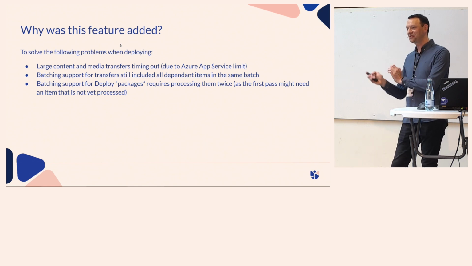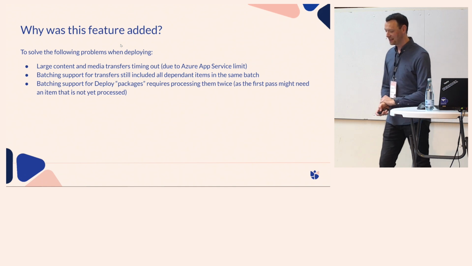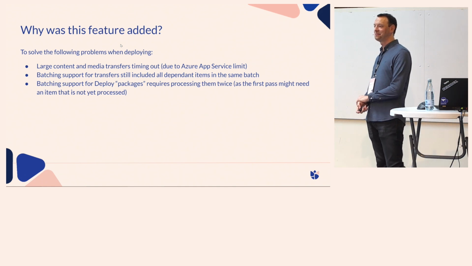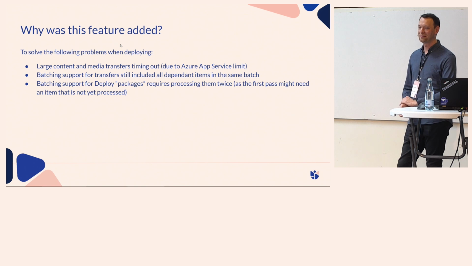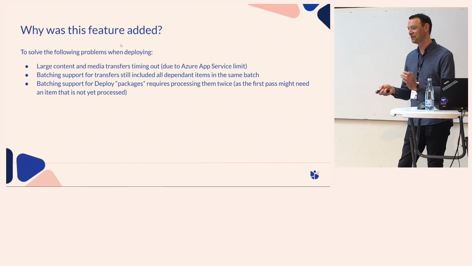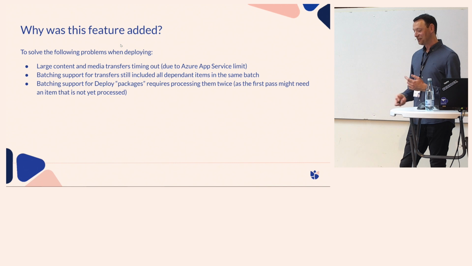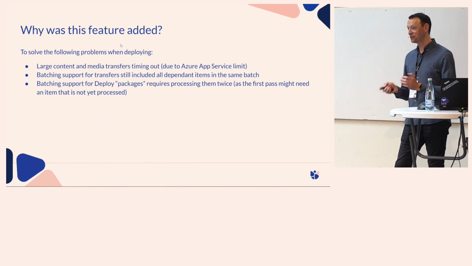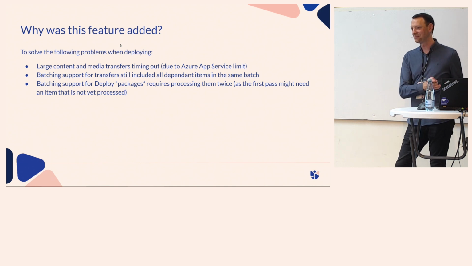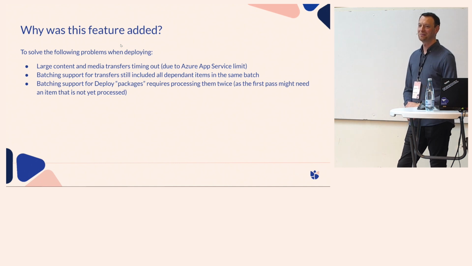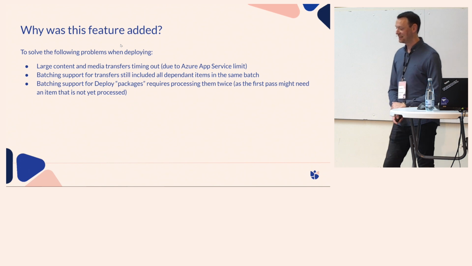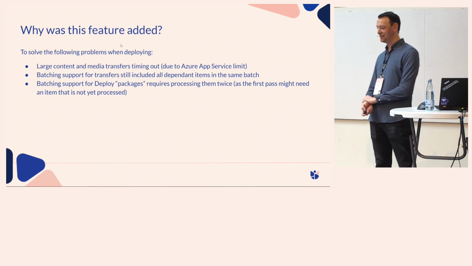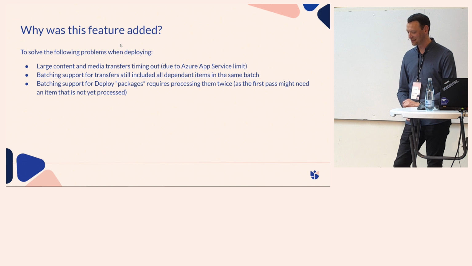But because that processing is done in multiple chunks as well, it can be that in the initial process it doesn't have all the items, because they're in a chunk that still needs to be processed. So to overcome that limitation, all the items will be processed twice. The initial pass will make sure everything exists, and the second pass will make sure that all the references are updated, because by then it has all the items on the environment available to deploy.